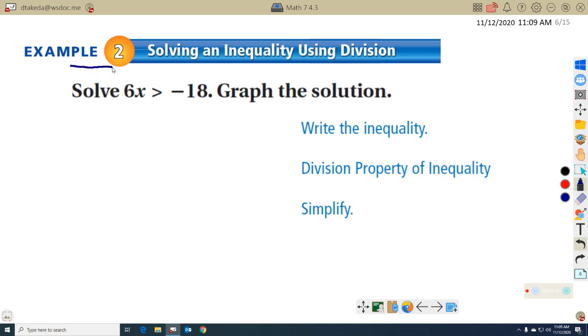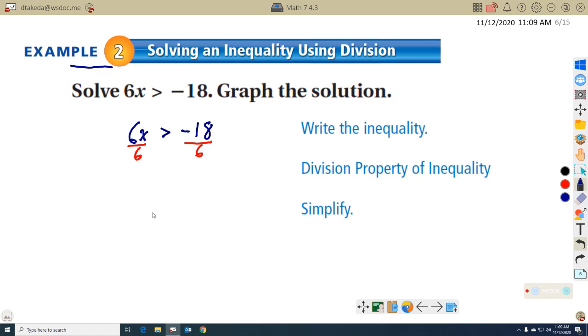So write down example 2, and this is for solving an inequality using division. 6 times x is greater than negative 18. Okay. Now I'm solving for x, which means I want to undo the multiplication of 6. I don't want 6 x's. I only want 1, so I'm going to divide that side by 6. And I must divide the other side by the same number.